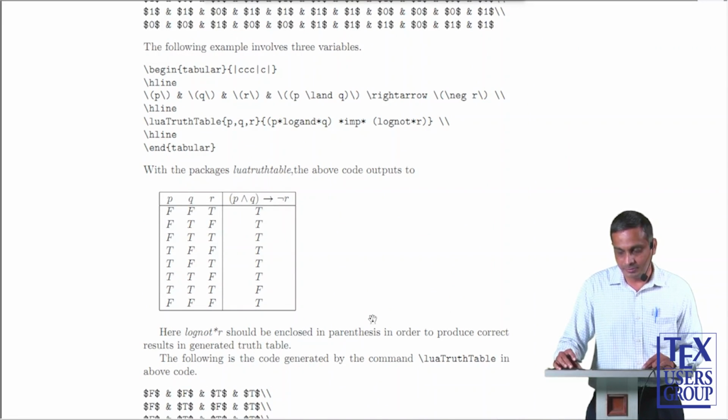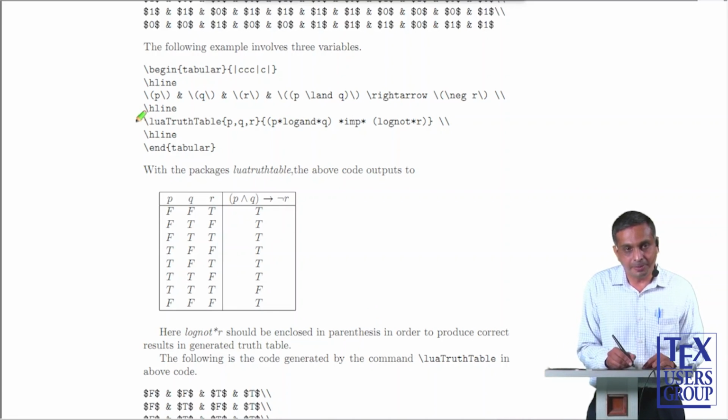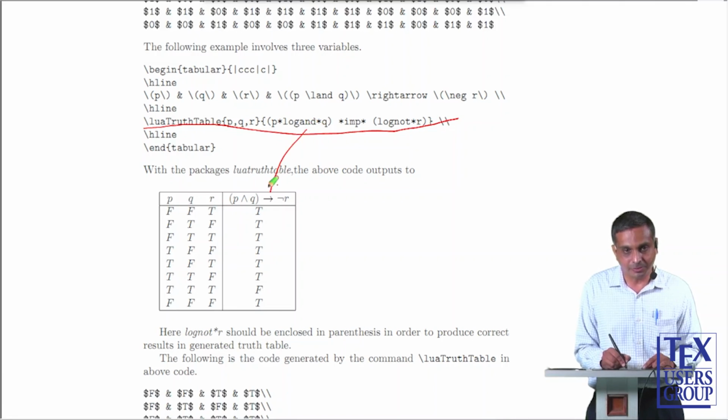This table is produced by implementing this command /luatruthtable with 3 variables P, Q, R and the logical expression which is to be evaluated.